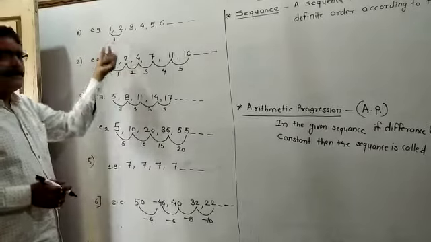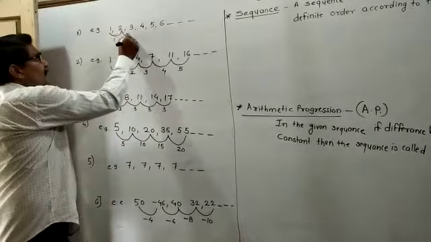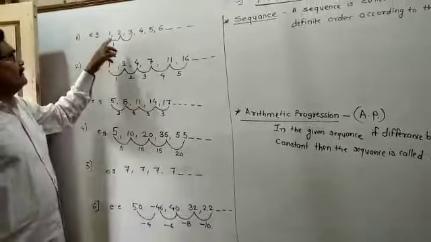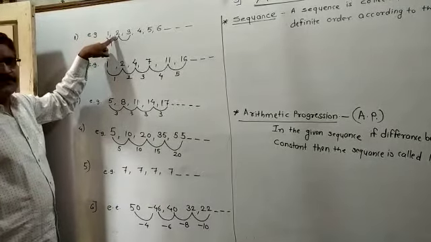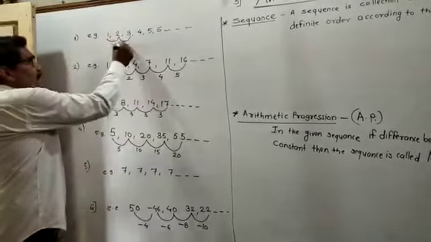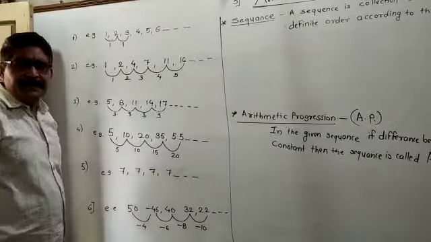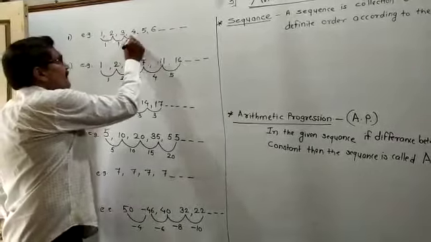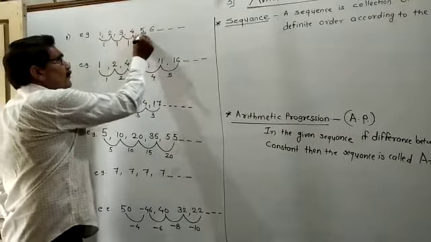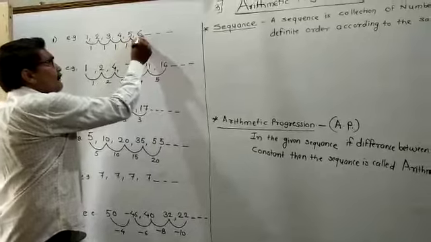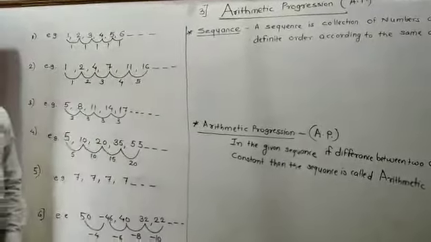1. You have to see how the next number 3 will come. 1 plus 1 is equal to 2. 2 plus 1 is equal to 3. 3 plus 1 is equal to 4. 4 plus 1 is equal to 5. 5 plus 1 is equal to 6.